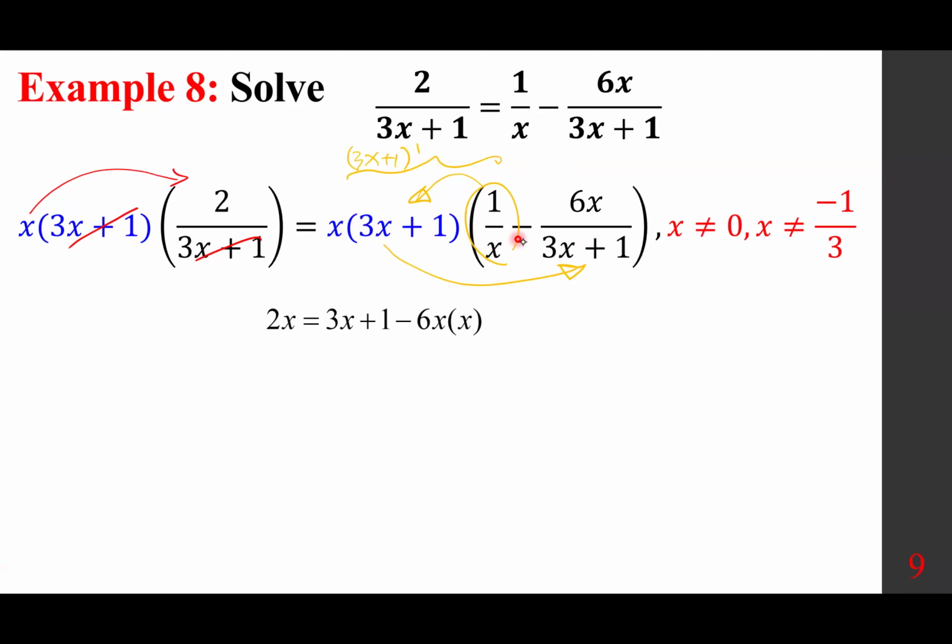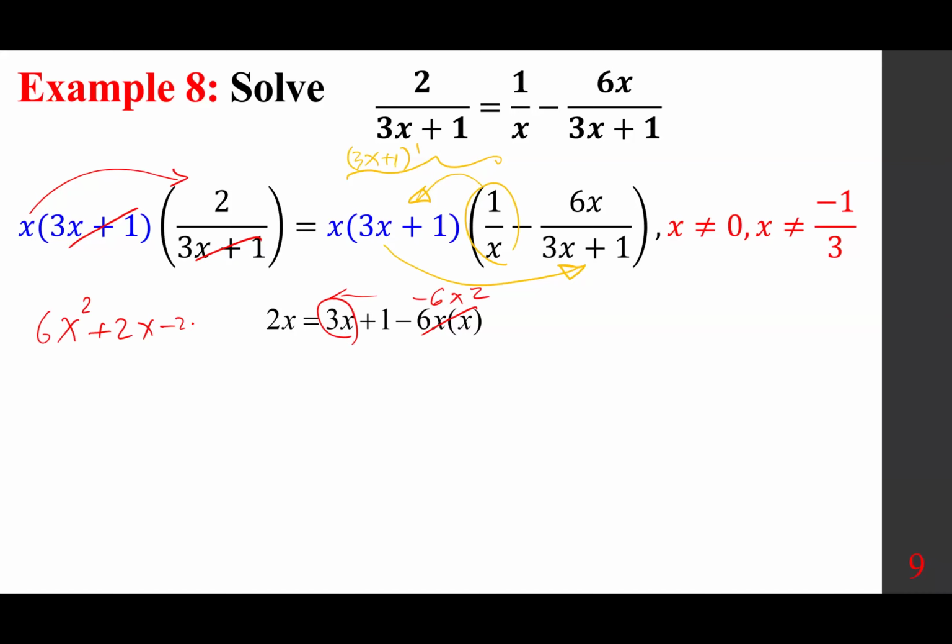To solve this, we're going to bring it to the same side as follows. First, because this is -6x squared, let's just write it down. Okay, we are going to move everything this way, so we get 6x squared plus 2x.